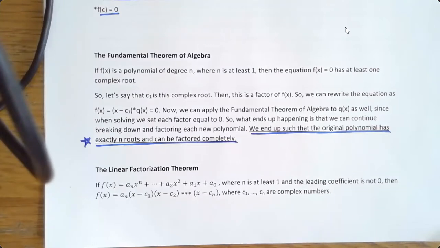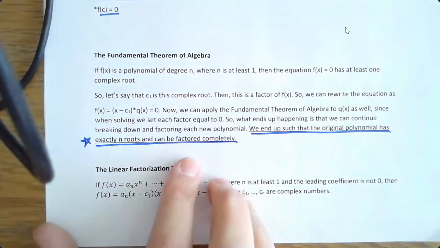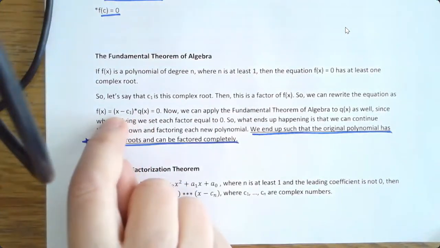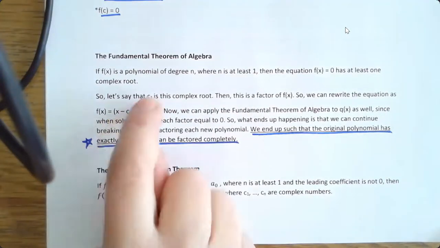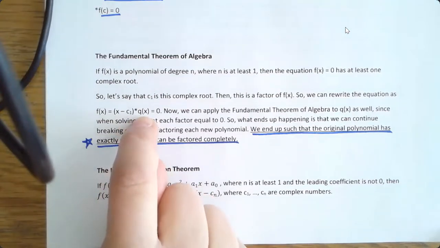So what happens here when we have this initial fundamental theorem of algebra, it says that we know we have at least one root. So what we do is we write the equation like this, so that x minus c1 is our first factor, c1 is our root, and then you have some sort of polynomial left over. But you can apply that fundamental theorem again to q of x.